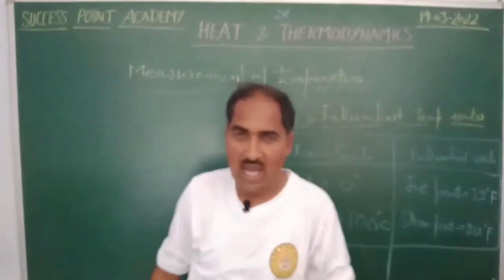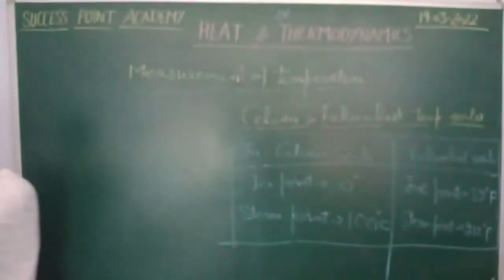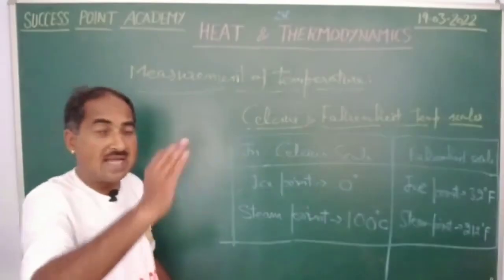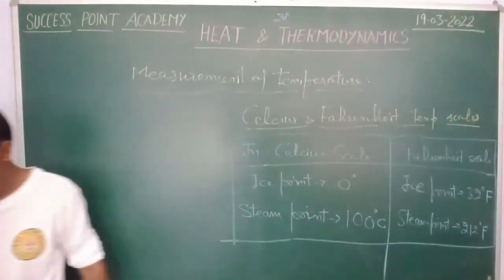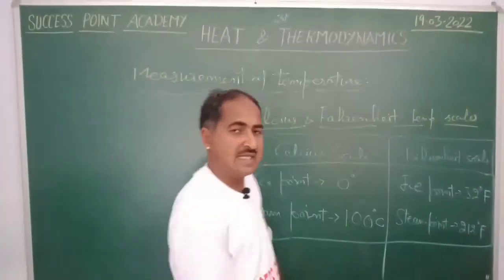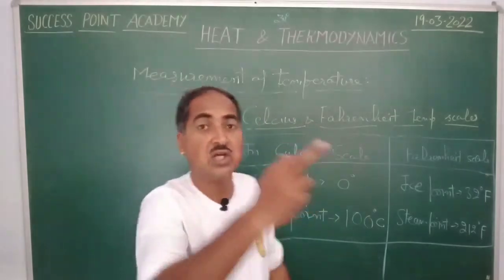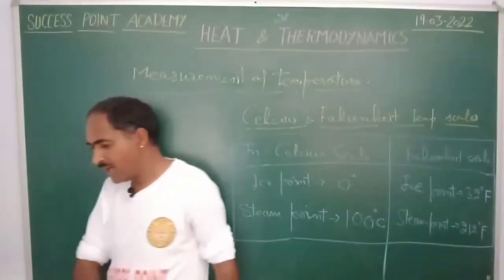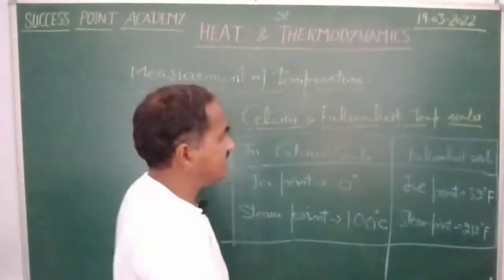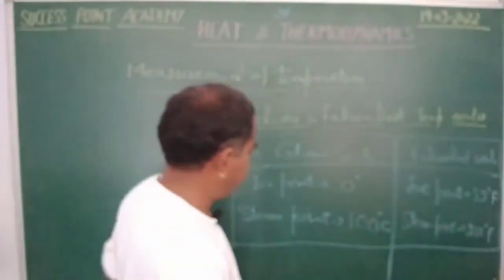So let us see how we do that. What is its meaning? It implies that 100 divisions in the Celsius scale are equal to 180 scale divisions of the Fahrenheit scale.